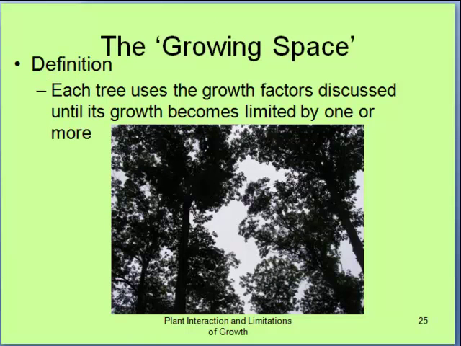So the definition of a growing space, we'll be talking about this more, but each tree uses the growth factors discussed until its growth becomes limited by one or more of those things. So it isn't just the physical space, it's the available nutrients, light, and the minimal amount of root competition.